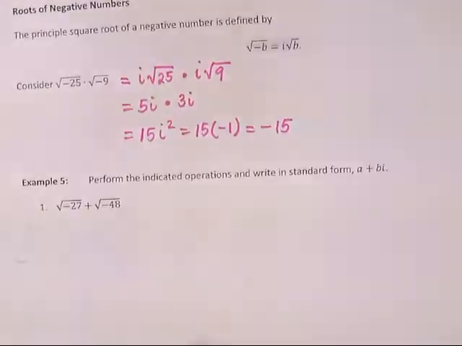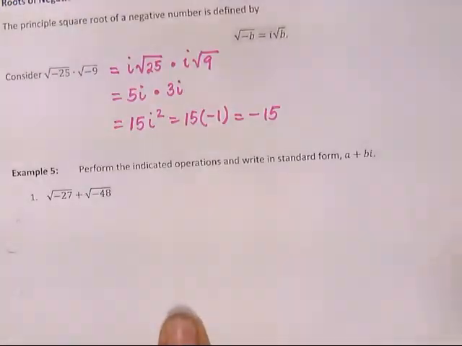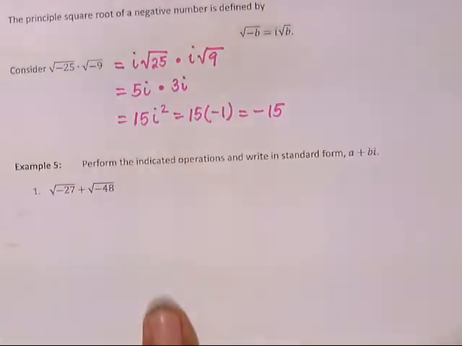Okay. Now, in this example, we're going to use that concept of removing the i before we simplify. Here we're going to perform the indicated operations and write in standard form a plus bi. Here we've got the square root of negative 27 plus the square root of negative 48.